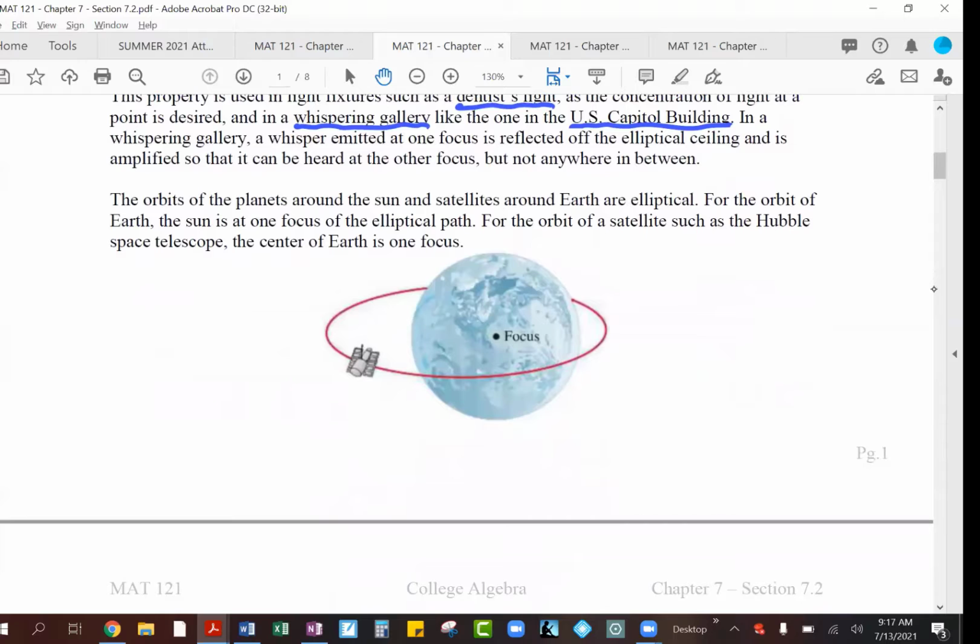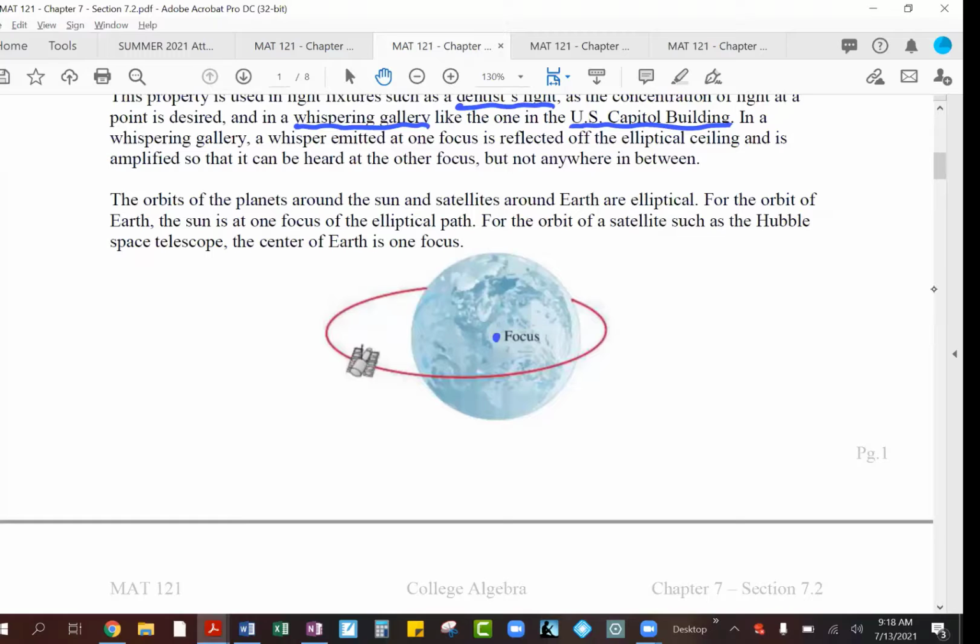Another thing, of course, satellites and moons and this Earth around the sun, all of them form this elliptical path. So in our case, the moon or even the satellites that we launch, like they're talking about the Hubble Space Telescope here, they actually use the center of the Earth as one of those focus points.